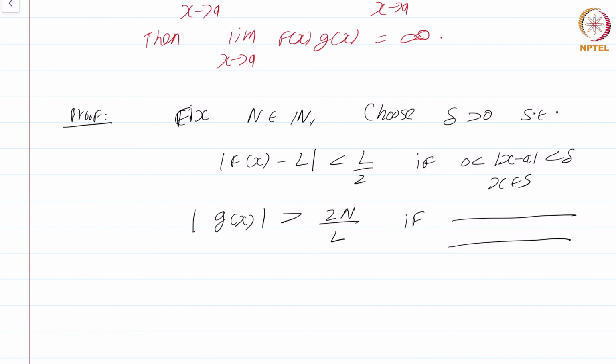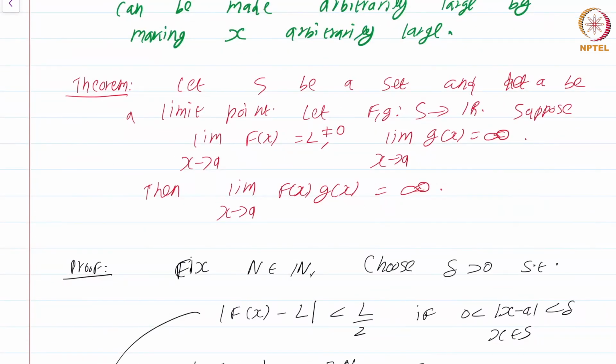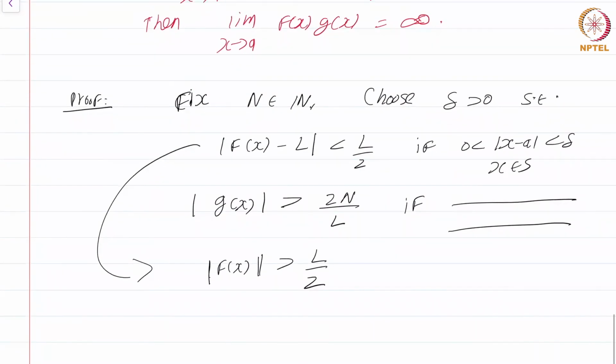Okay. Now, the first condition immediately gives that mod f of x is greater than L by 2. Fine. So again, L not equal to 0, and in fact L greater than 0, that's a better condition. That is required. Okay. Excellent. We have both these.